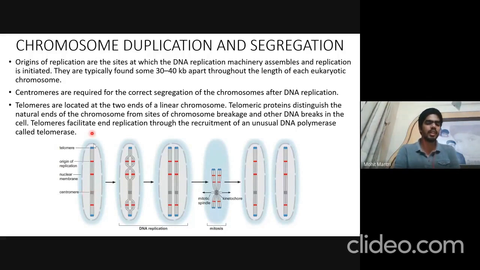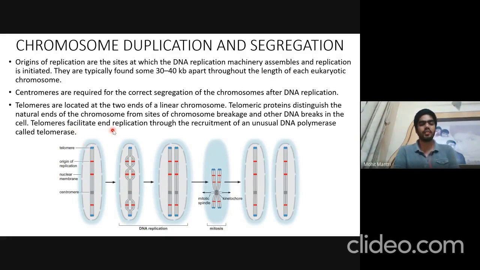Then comes the telomeric region. These are the two ends of the linear chromosome, and the telomeric region contains many proteins. These proteins distinguish the natural end of the chromosome from sites of chromosome breakage and other DNA breaks. So that's why this helps in preventing the action of DNA degrading enzymes at these linear ends of the chromosome, and it also prevents recombination of DNA.